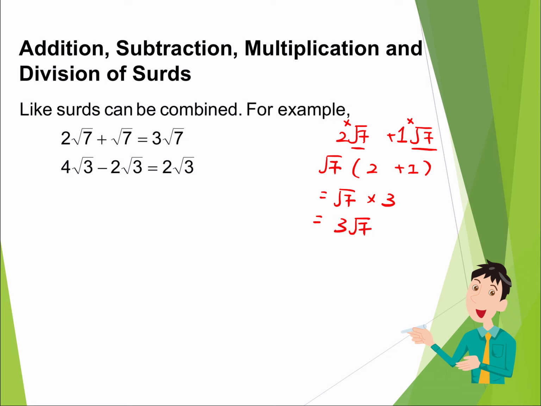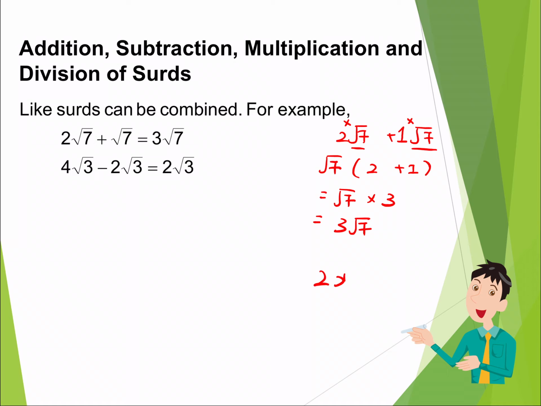So we just count how many square root 7 there are in total, okay? 2 plus 1 equals 3 of square root 7. And then the second example, same. 4 minus 2 equals 2 of the square root 3, okay?